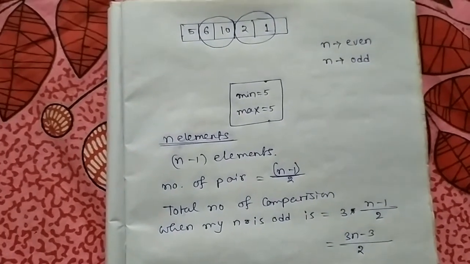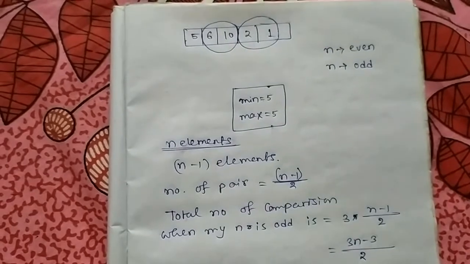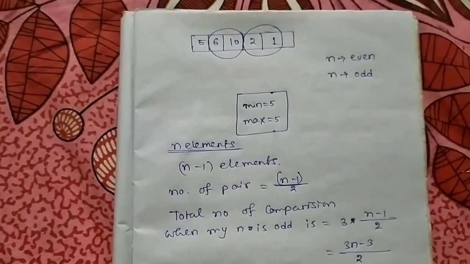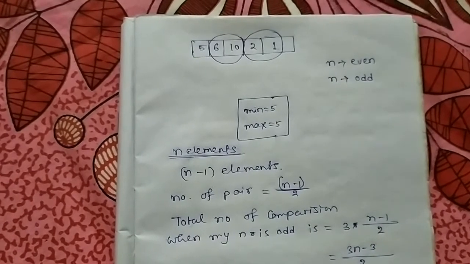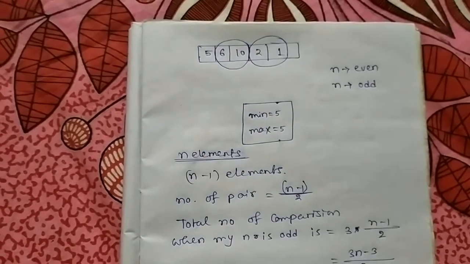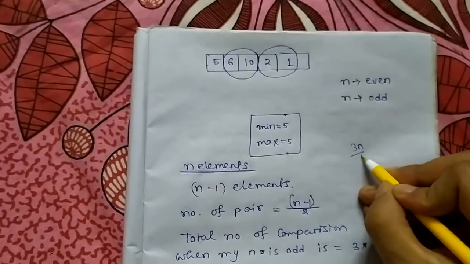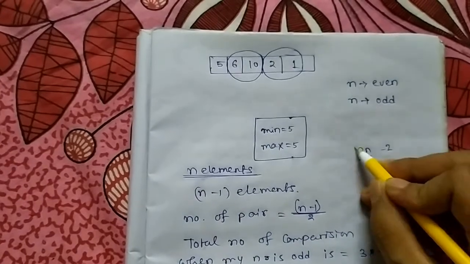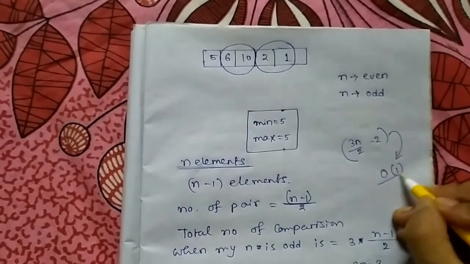Now it doesn't matter whether my number of elements is even or odd. When n is even and when n is odd, we can find out the minimum and maximum element from a given array within 3n minus 2 comparisons without using any extra array.